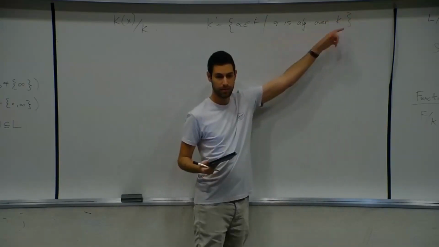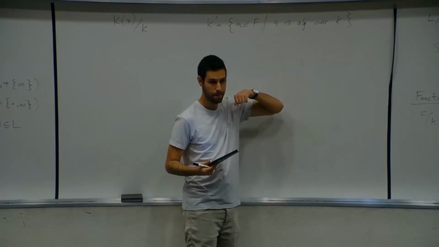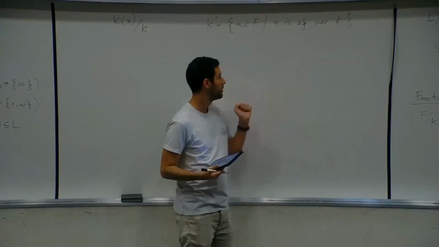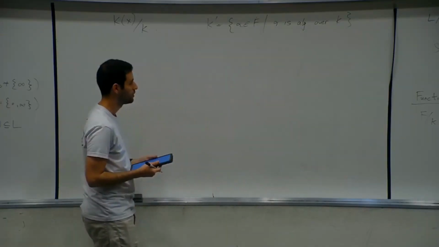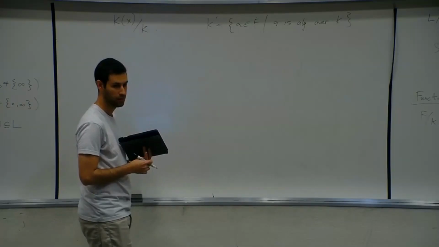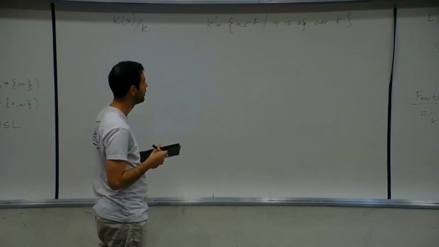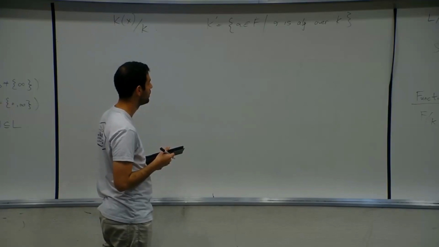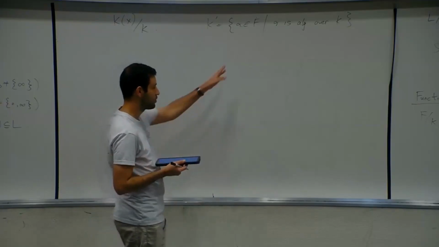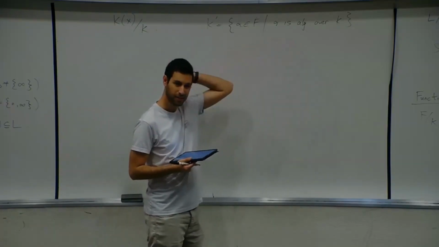Alpha is the root of some polynomial with coefficients in k; it can be generated from k.